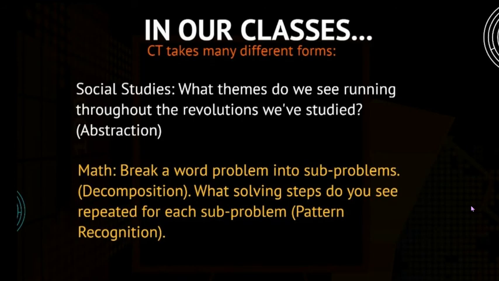And then they might look at the different steps they need to consistently apply when they're solving subproblems. So there's pattern recognition. Computational thinking is being used all the time in our classes at Reedy Creek, and our students are able to identify when and how it's happening so that it becomes a tool that they can use on purpose.